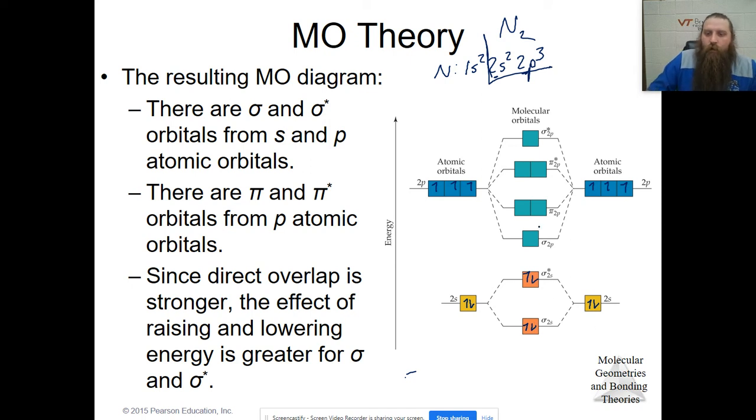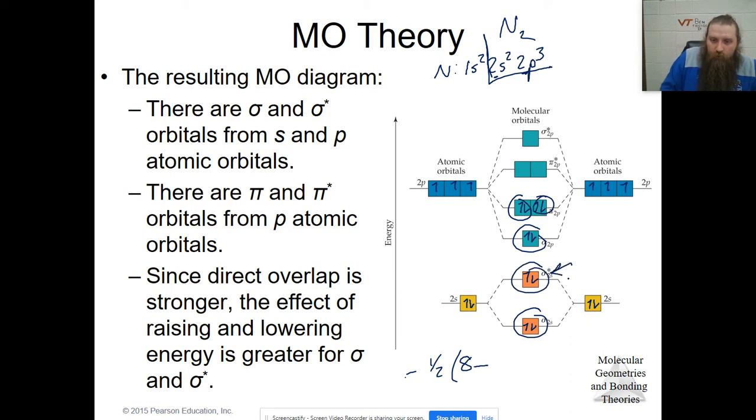That accounts for the bottoms. 1, 2. So we have 6 electrons in the bonding orbitals, and we have nothing up there. So what's our bond order for N2? We say 1/2 times the 2, 4, 6, 8 bonding electrons, minus 2 in the anti-bonding category. So we have 1/2 of 6, so we have 3.